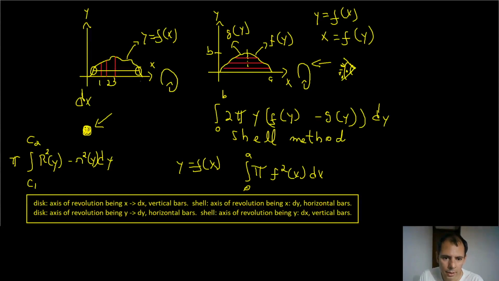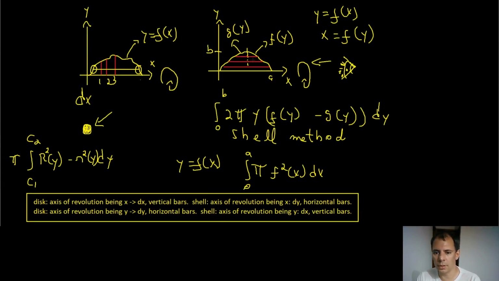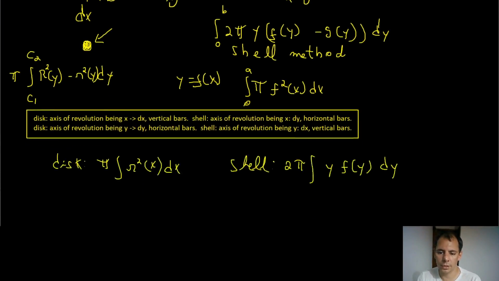In the disk method, you're going to have to get this value squared minus this value here squared, multiplied by pi. So that's the way it's going to work. That's why you have to really analyze these things to find out which method is the best for each one of the shapes of the function curves.